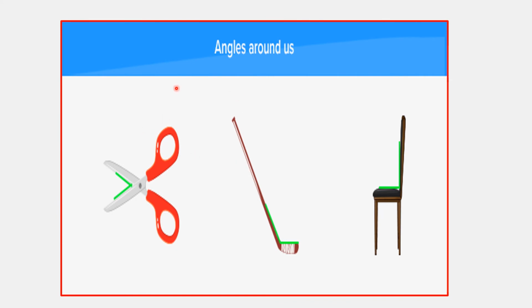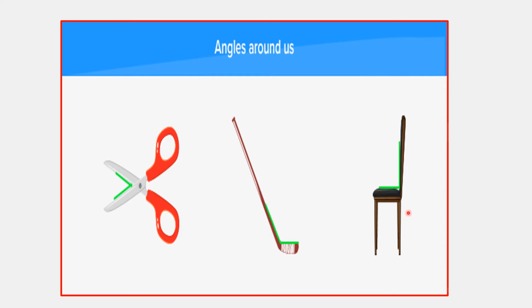We see many types of angles around us. We can see here the examples: the open scissors, you can see this forms an angle. The golf club, we play golf with this, shown in green color, this makes an angle.